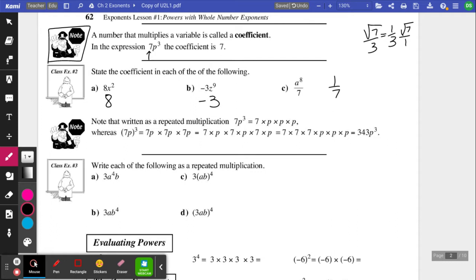Okay, we can do the same thing over here. We can say 1/7, and we can multiply this by a to the 8 over 1 if you want to. You can pull it apart. Keep the 1s where they need to be, not a 7. It's a 1 over 7. Are you with me, Brooklyn? Okay, so the coefficient here is 1/7. Super important. Get it, Victor? Kind of? Pull it apart, put 1s in the other places.